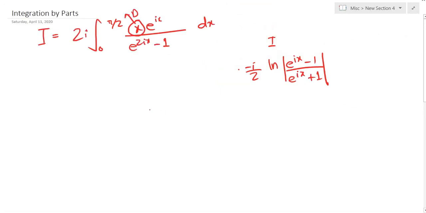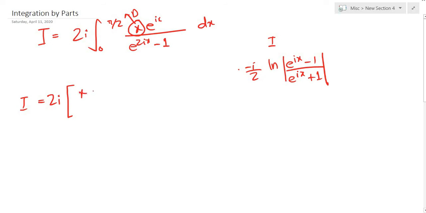Since we're only concerning ourselves with the antiderivative, I'm just writing that separately. And now let's use our integration by parts formula. So we have 2i outside, and then the x is untouched.